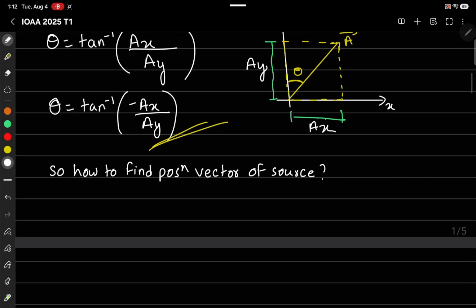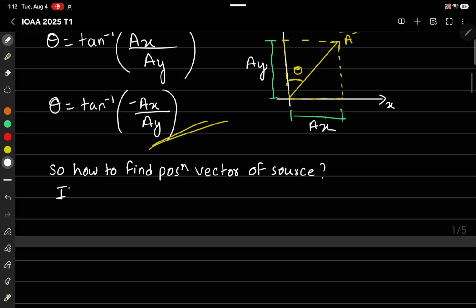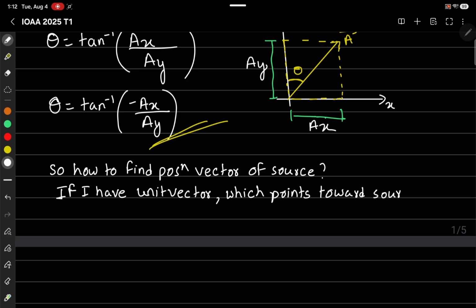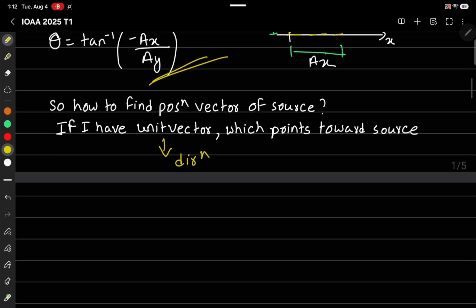That's the whole question. Now if I have a unit vector which points toward the source, and we know a unit vector gives me direction. My unit vector gives me direction, right?